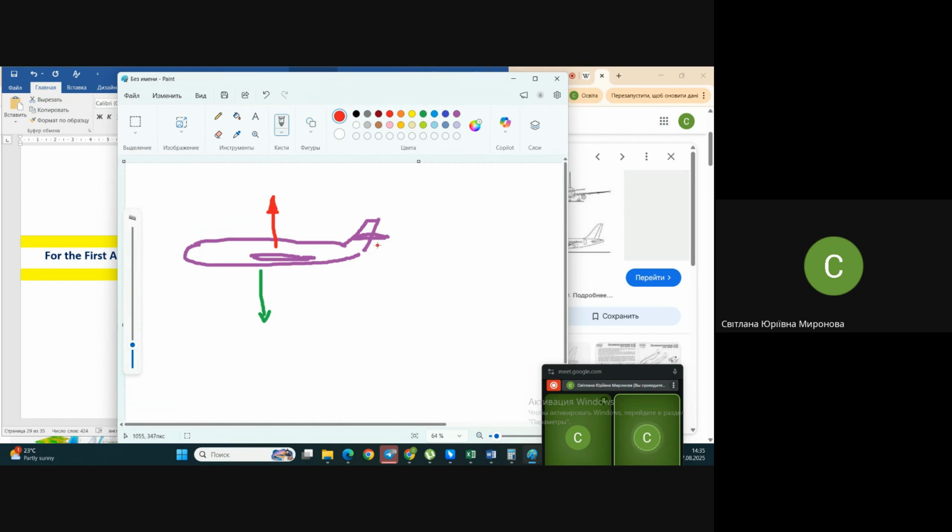And in this case, with the conventional scheme, we have a stabilizer. How to determine the area of the stabilizer? Very simple.